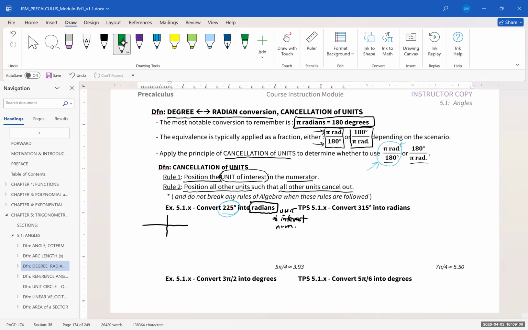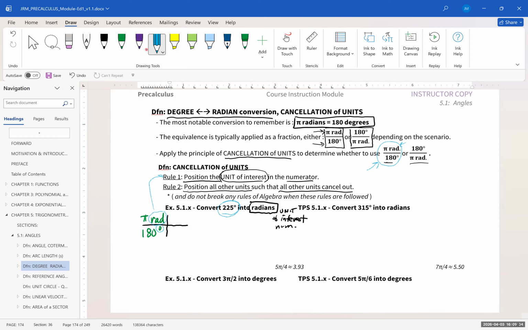So that's what we're going to use: pi radians is equal to 180 degrees. So radians is our unit of interest, and it is in the numerator. But our problem is that we still have degrees as a unit that isn't yet canceled out.